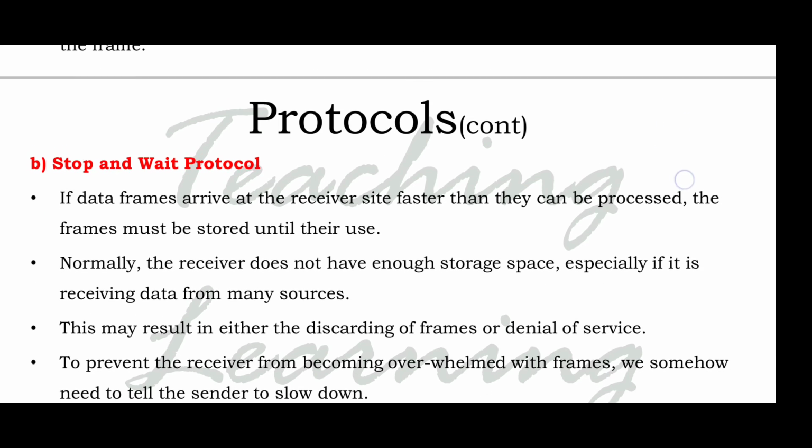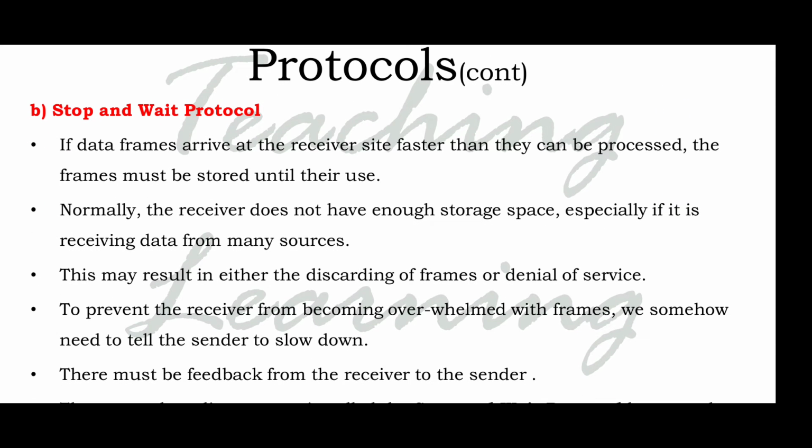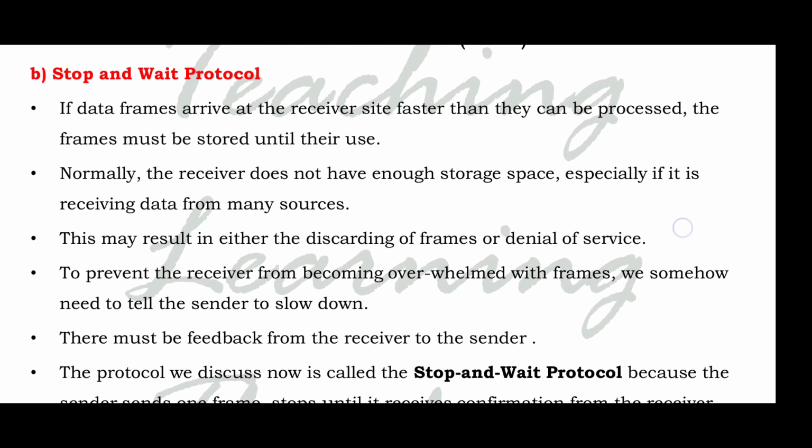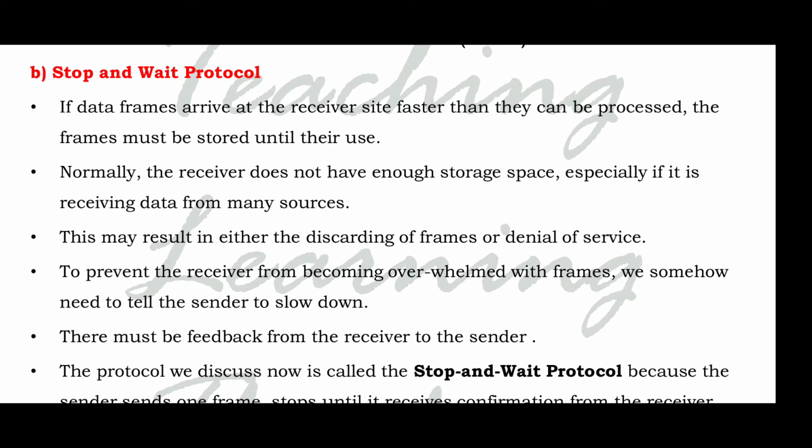So the second one is the stop and wait protocol. In the stop and wait protocol, if data frames arrive at the receiver side faster than they can be processed, the frames must be stored until their use. So in stop and wait, we already discussed it has flow control.